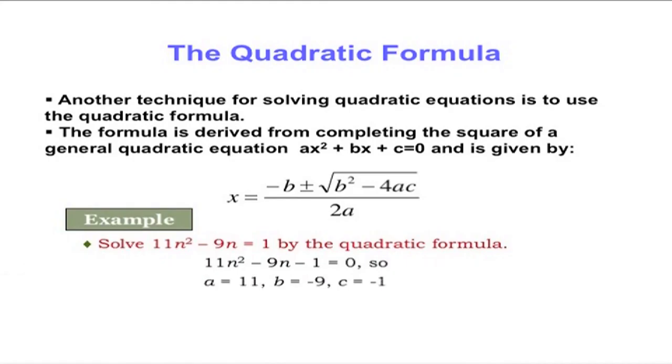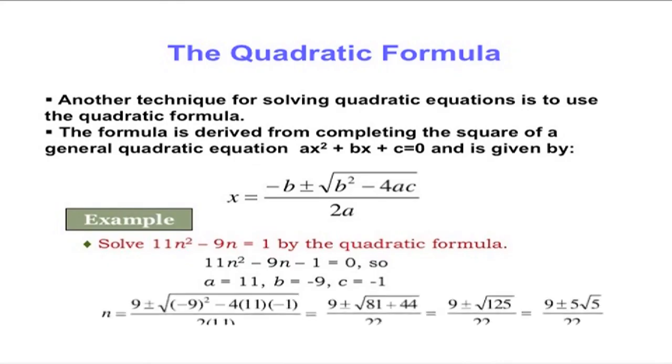So, a = 11, b = -9, c = -1 and n = (9 ± √((-9)² - 4 × 11 × (-1))) / (2 × 11).